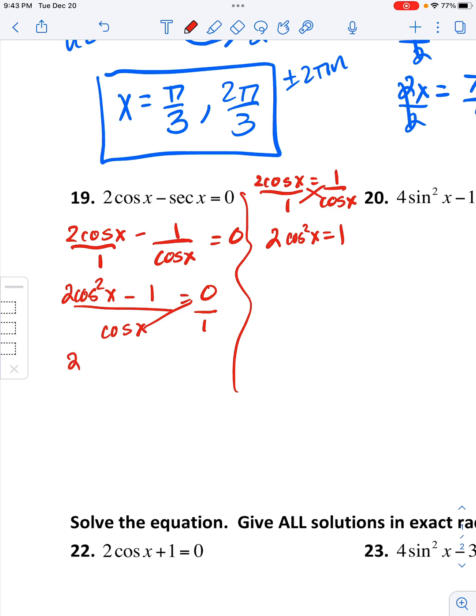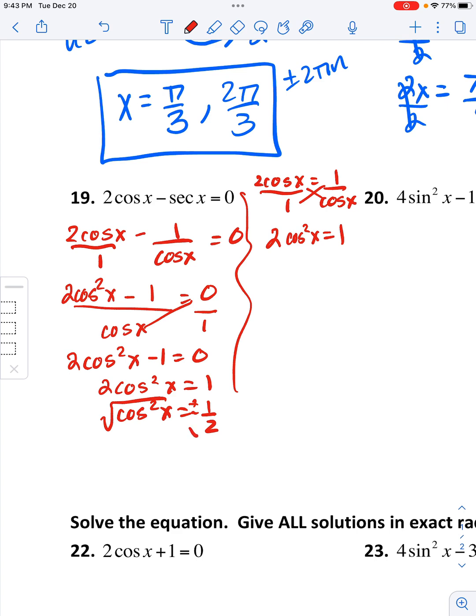So I'll end up with 2 cosine squared x minus 1 equals 0, which will lead me to the same thing I had over there, 2 cosine squared x equals 1. So whichever way you kind of see it first, and then I'll divide that by 2, and then I'll square root.